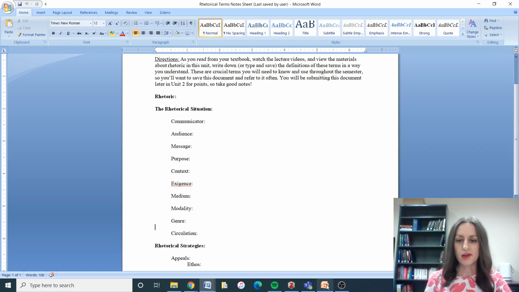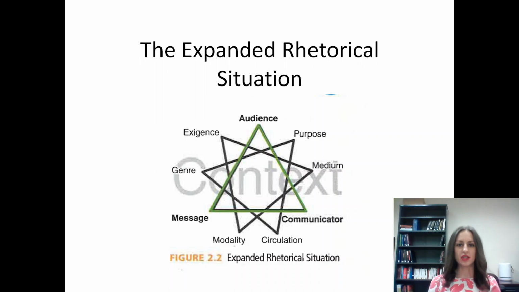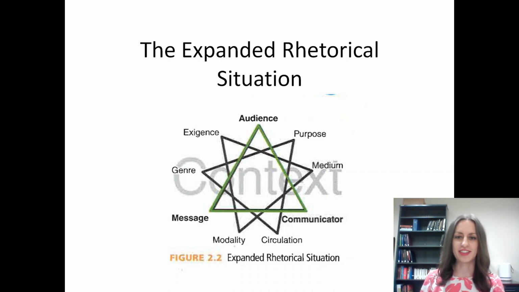Now, let me pull this up and get going. Once again, I've rearranged just a little bit. Well, not a little bit. Maybe present things just slightly differently than your textbook. So your textbook starts off talking about context.